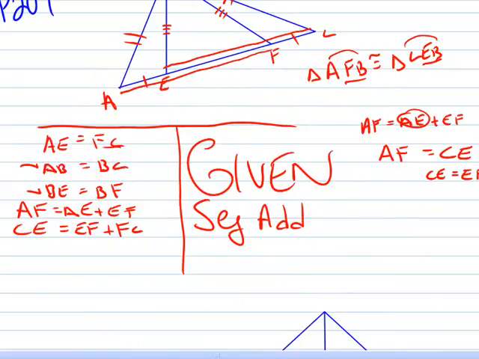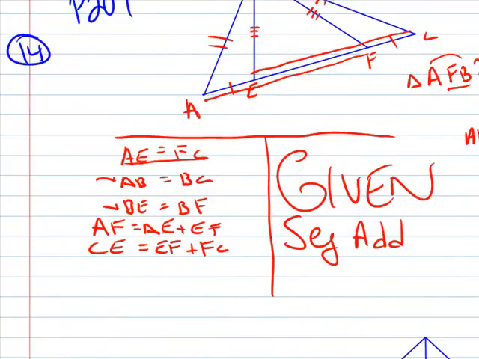Well, AE and FC are equal. It doesn't matter whether I call this AE or if I call it FC. So I'm going to change it and call it FC. And I'm not really going to do that in the proof. That's just to show you. So I'm going to rewrite this AF, and instead of AE, I'm going to call it FC plus EF, and that's a substitution.